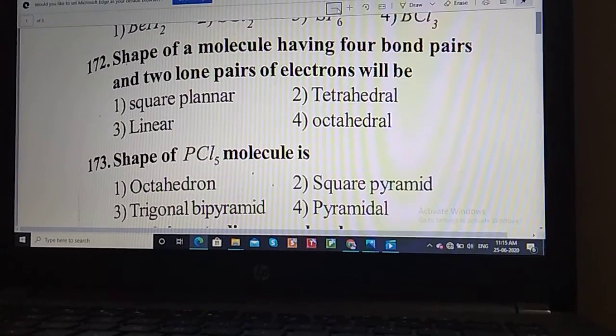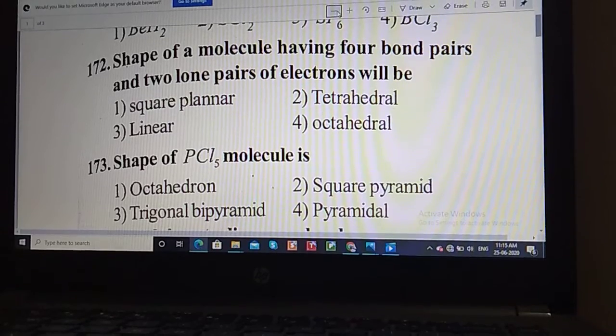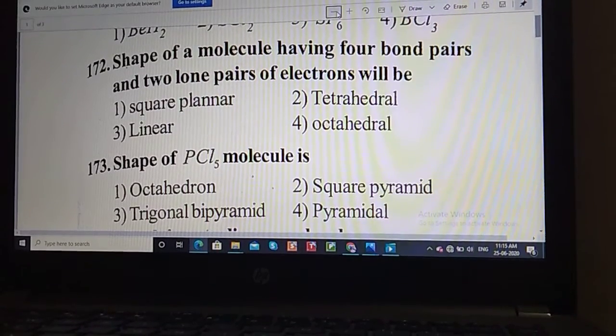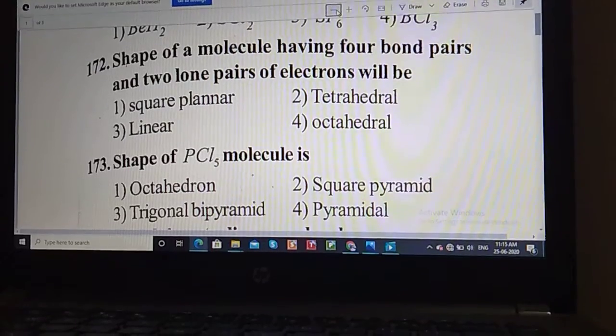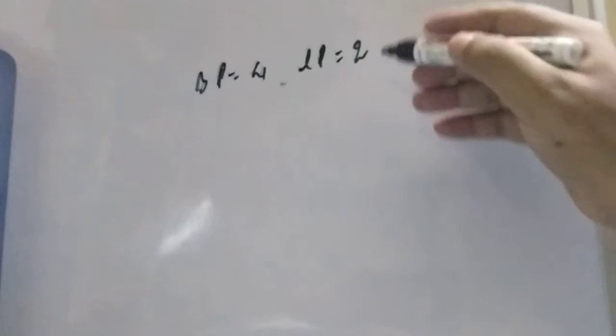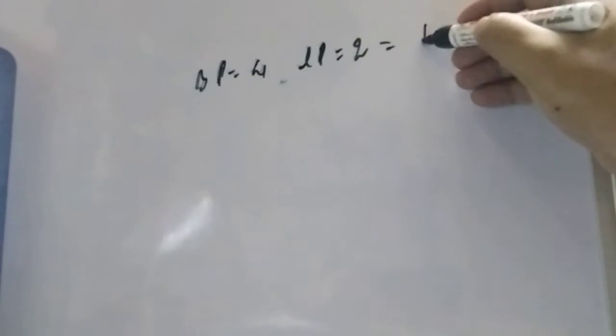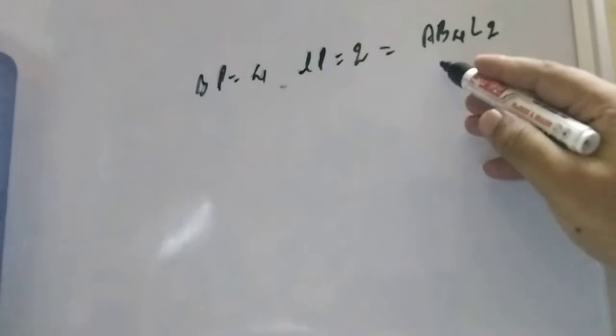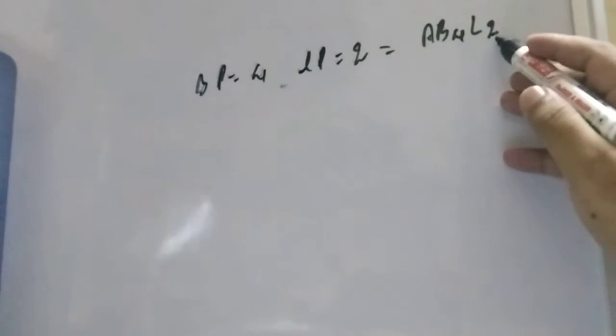You come with the 4 options they have given: square planar, tetrahedral, linear and octahedral. Now let us come on the board, student, for better understanding. So bond pair 4 and lone pair 2. So molecule type will be, student, AB4L2 type. So AB4L2 means 4 bond pairs and 2 lone pairs.